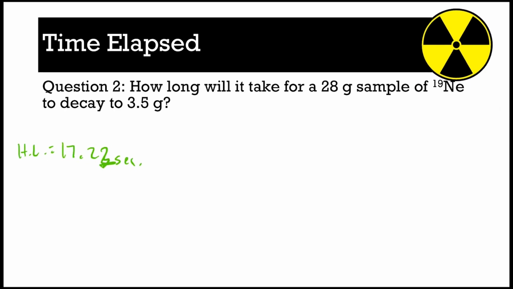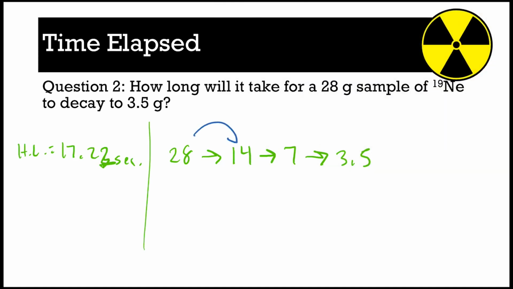Okay, so with that, we're starting with 28 grams. After one half-life, half of that is left, so half of 28 is 14. After another half-life, half of 14 is 7. Still not where we want to be. Another half-life, half of 7 is 3.5. So now we have one half-life, 2 half-lives, 3 half-lives.